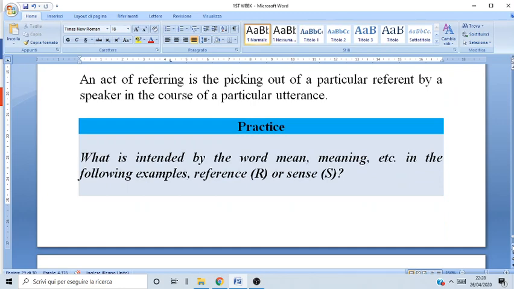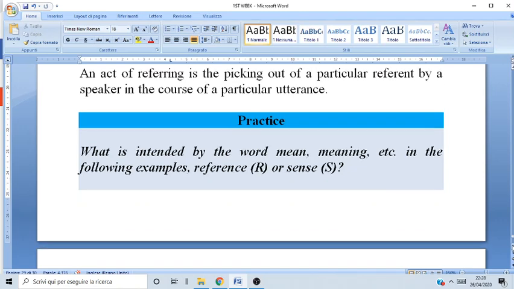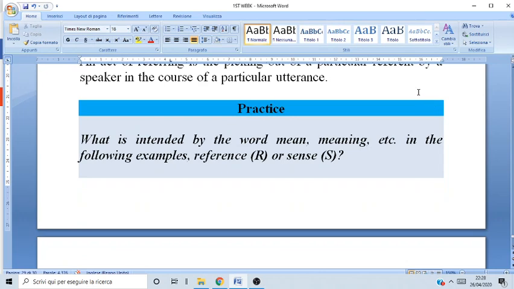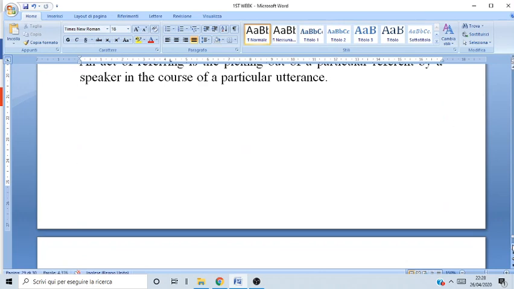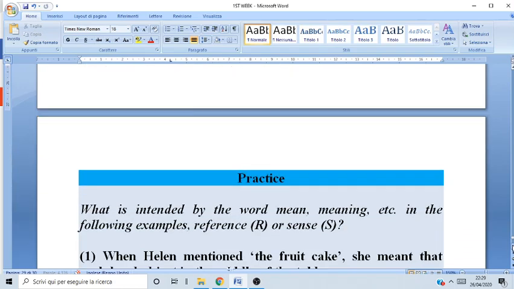Let's see, and please tell me if I'm going too fast, okay? What is intended by the word mean or meaning in the following examples? Is it reference or sense? Let me slide this one downwards so that you get the title of the exercise with it.